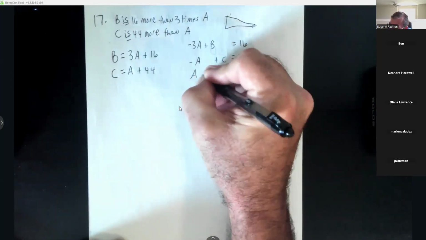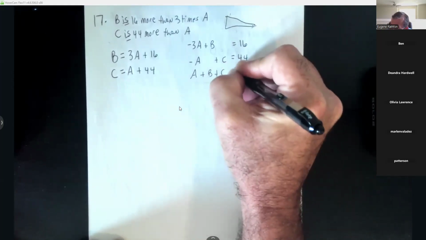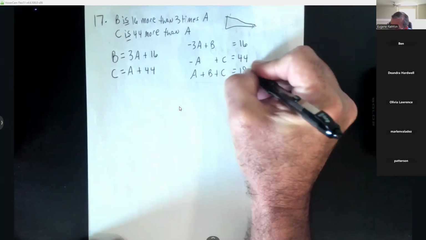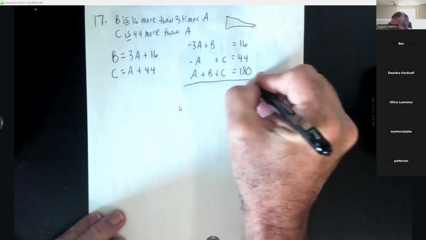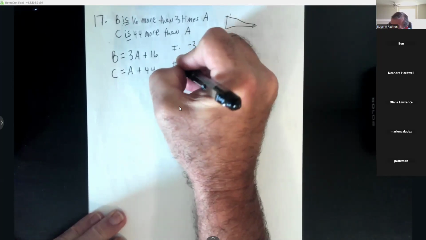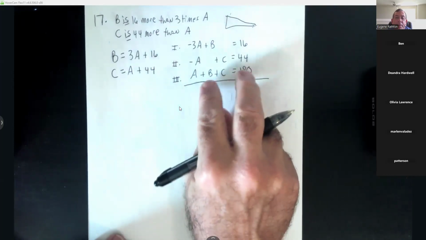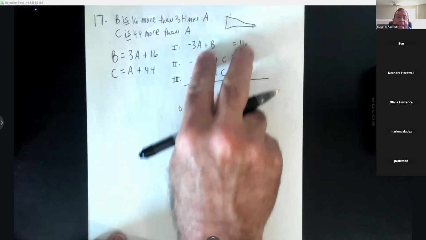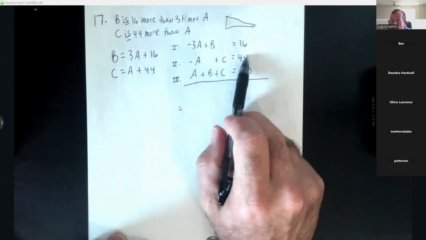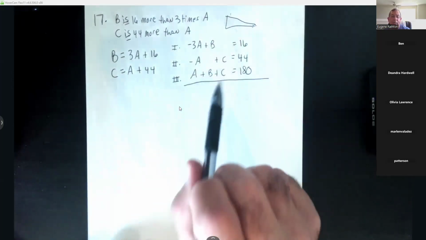So A plus B plus C equals 180. So there's my equation 1, equation 2, equation 3. Y'all, at this point, y'all are going to look exactly like mine other than them two numbers there, okay? But everything else will set up like this.